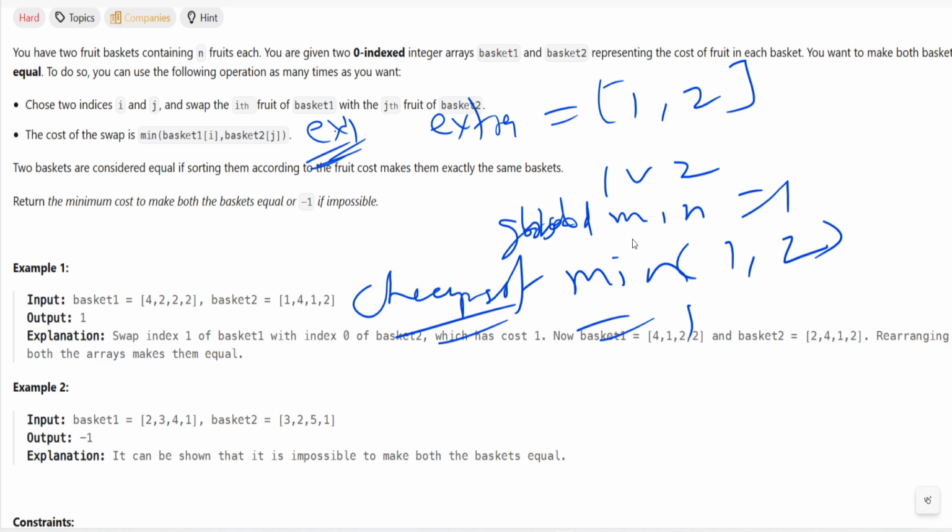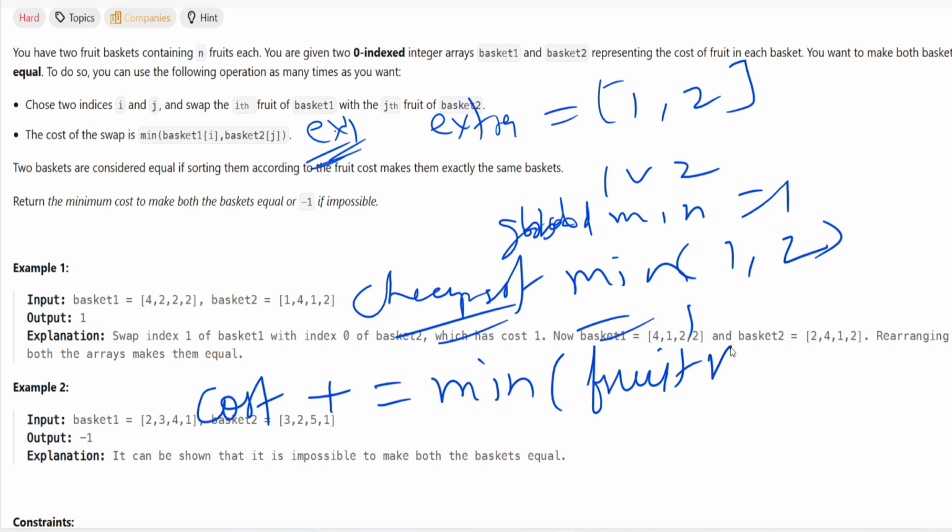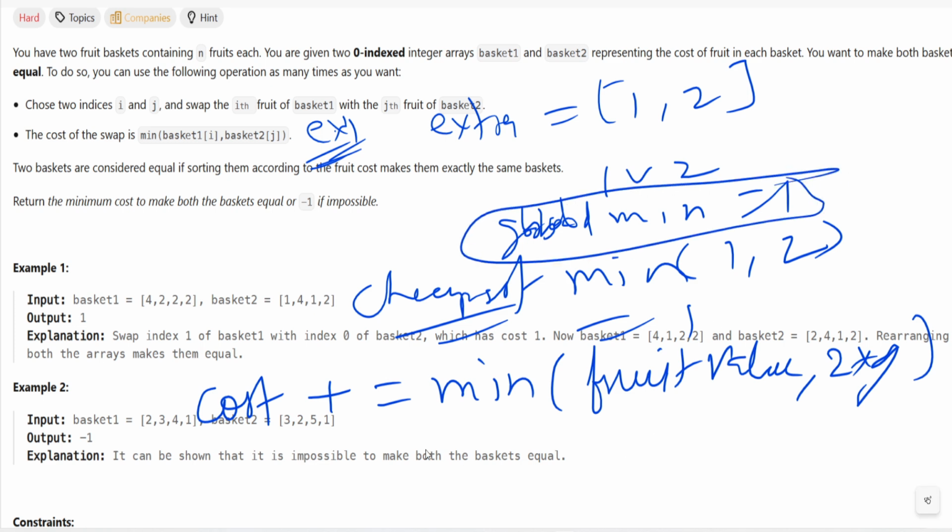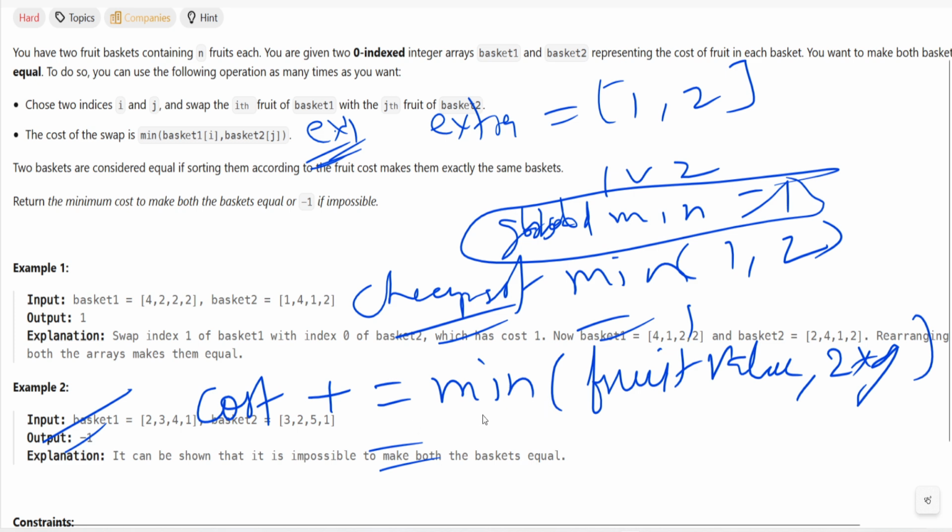But for an extra fruit to swap, what we should do is just take cost plus equal to the mean of the fruit value, comma, 2 into global mean, and this global mean is 1. That will give you the result, and this is nothing but your formula. This formula will be used in the programming. I hope you understand.